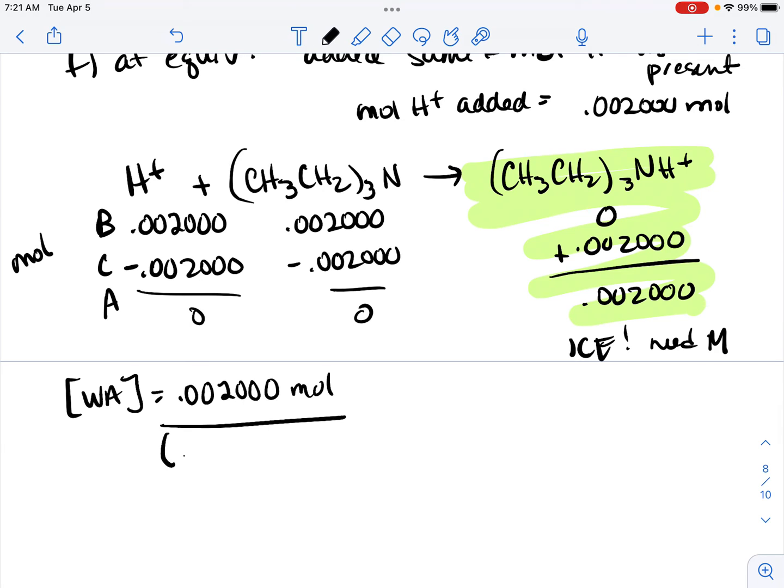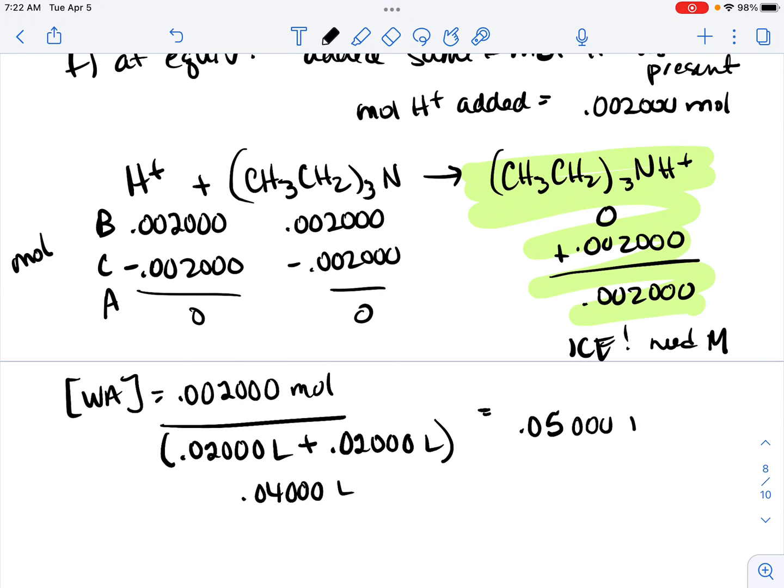I started with 20 milliliters and added another 20 milliliters, because that's what they told us, so that's a total of 40 milliliters. That gives me a molarity of 0.05000 molar weak acid, right?